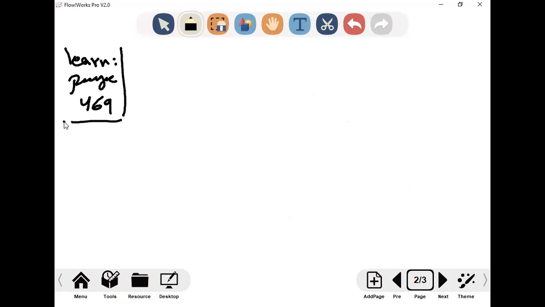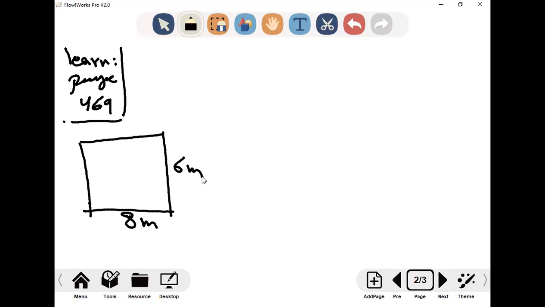In the learn we have this. It is a rectangle. This is 8 meters and this is 6 meters, the length and the width. And inside it we have what? A circle. The diameter of the circle is what?